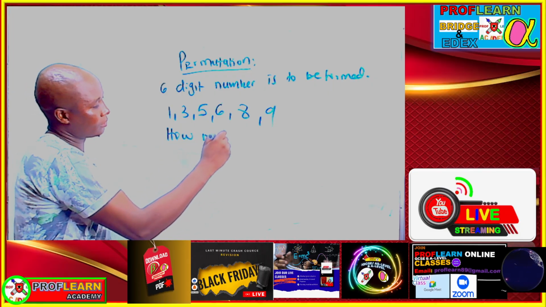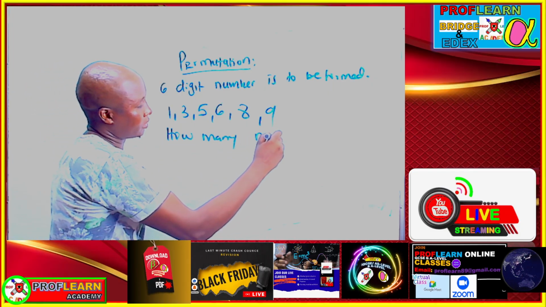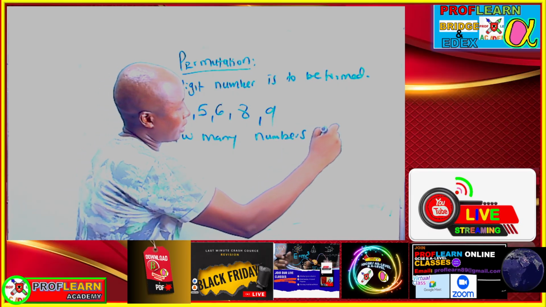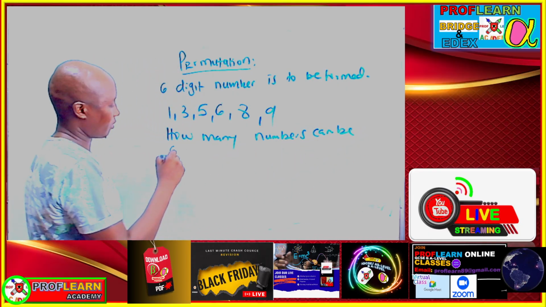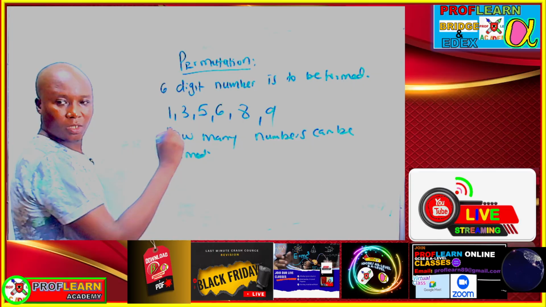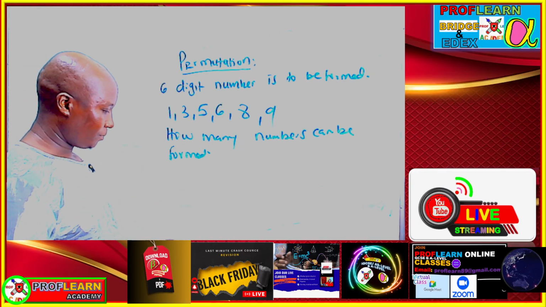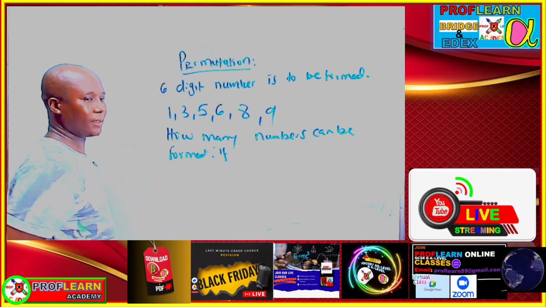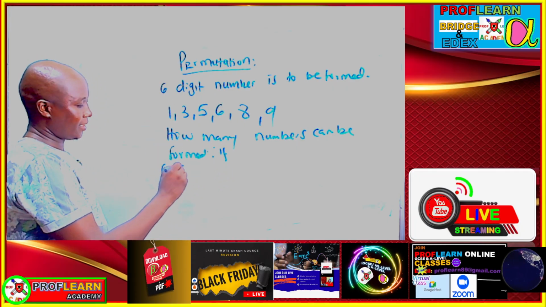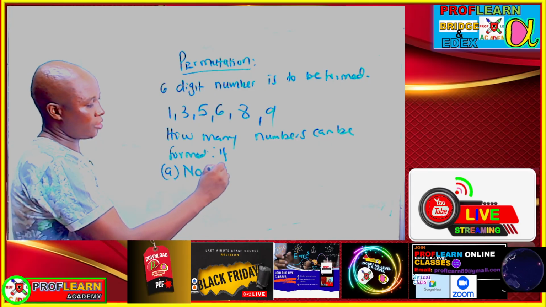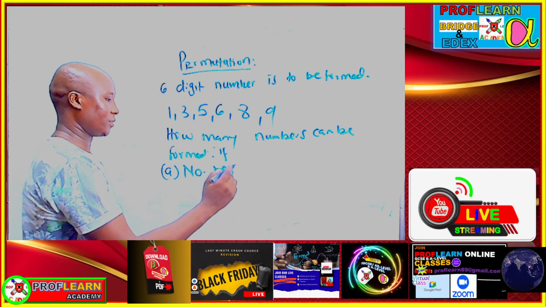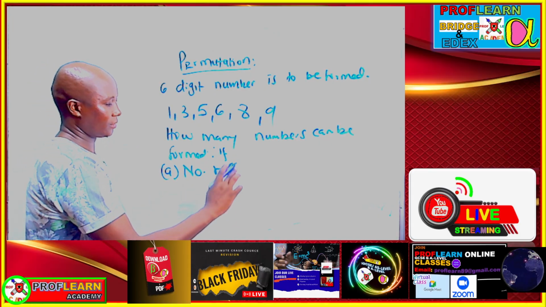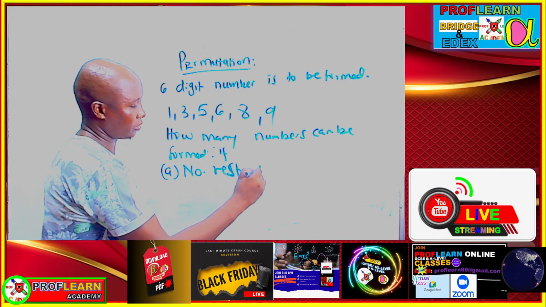How many numbers can be formed if, part A, there is no restriction?